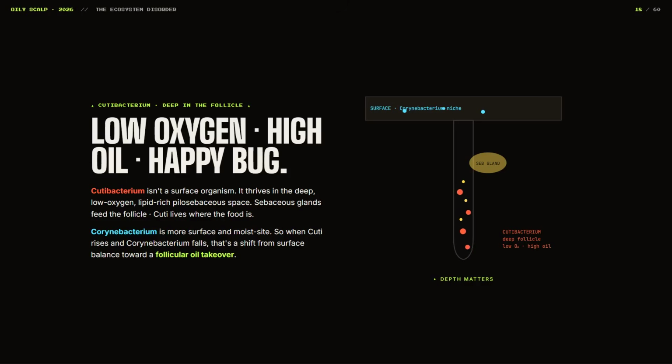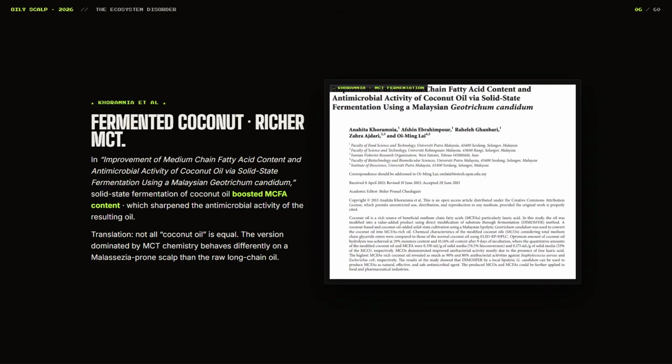Corynebacterium helps slow down and mitigate Cutibacterium if and only if the sebum composition doesn't heavily favor lipids that it can't break down. Because if it can't break down those lipids, there's going to be less of the Corynebacterium and more of the Cutibacterium, also known as the acnes bacterium.